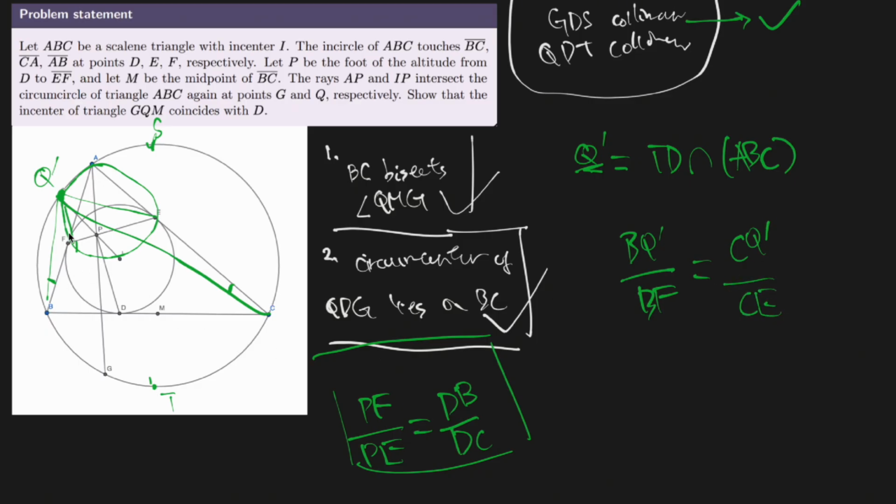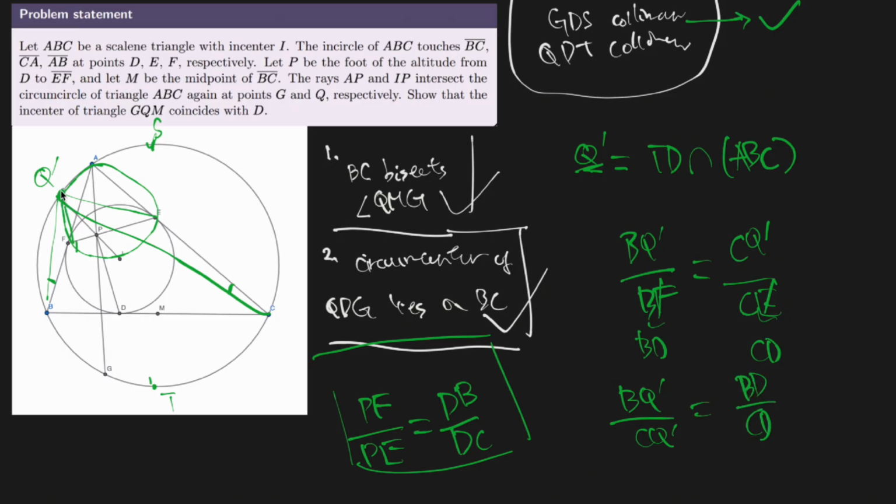But since BF is tangent to this incircle, BF is actually just equal to BD. So let me just write this as BD. Similarly, CE is just equal to CD. So we have that this relation is equal to BQ'/CQ' equal to BD/CD.